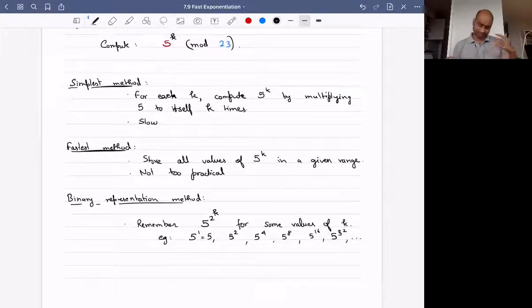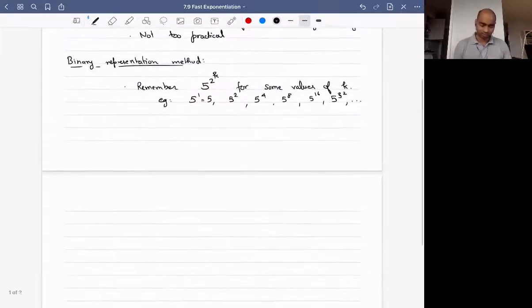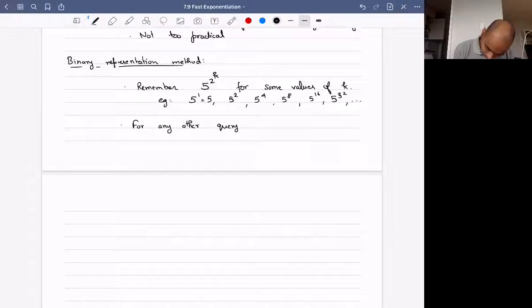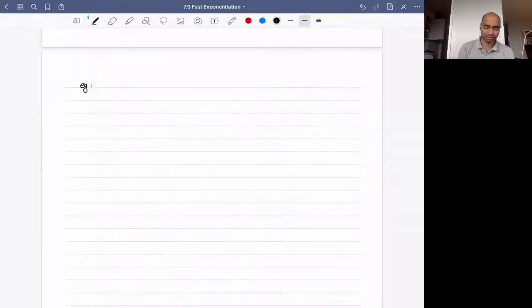But now the question is, if I just remember these, then how do I compute powers of 5 when the power is not a power of 2? For any other query, use binary representation. So let's do a concrete example.